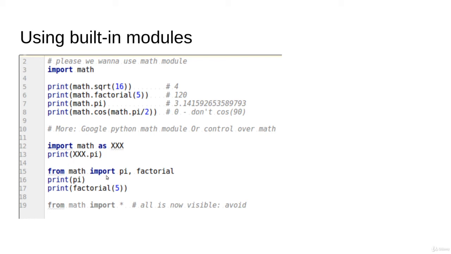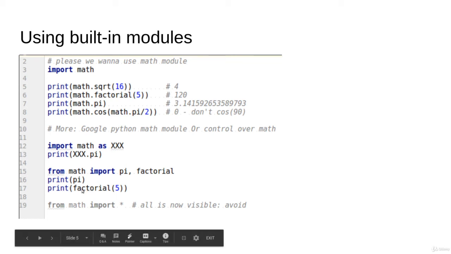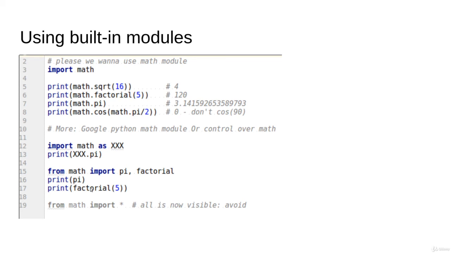From math import pi, comma, factorial, comma, whatever you want. What does it say? It says, please bring these items directly into my local space so that I can use them directly. Now you can use pi directly and factorial directly. This is good as long as your local file doesn't have such names, otherwise you will have name collision.